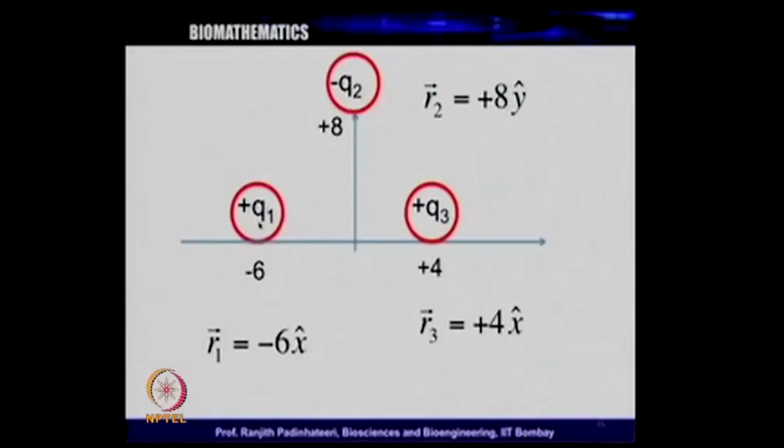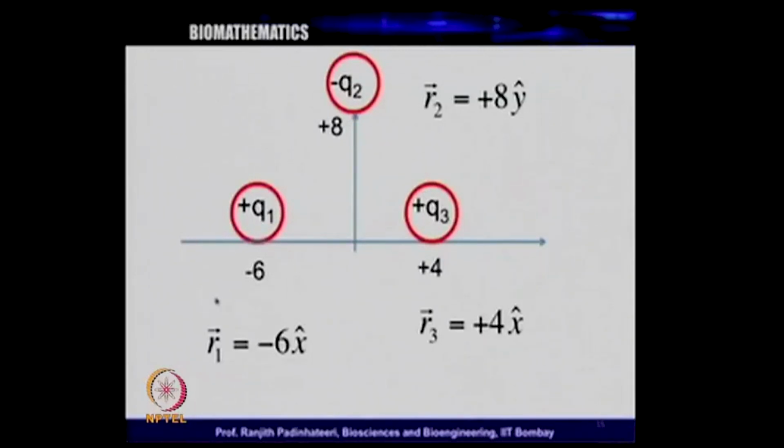I place q1 on the x axis at a position minus 6. I position q2 on the y axis at a position plus 8. I position q3 along the x axis at a position plus 4. So, I have positioned 3 charges in the xy plane.